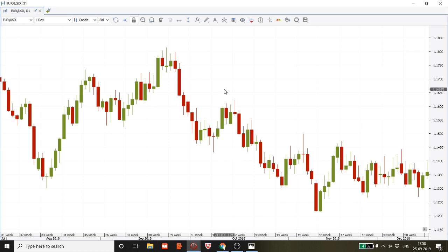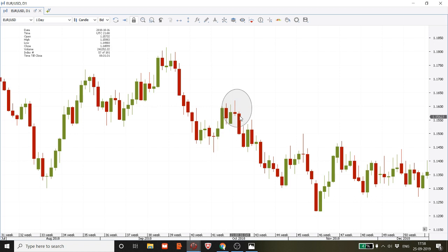Here is a perfect example of an inverted pin bar, and we will do all the calculations using the calculation expression block.